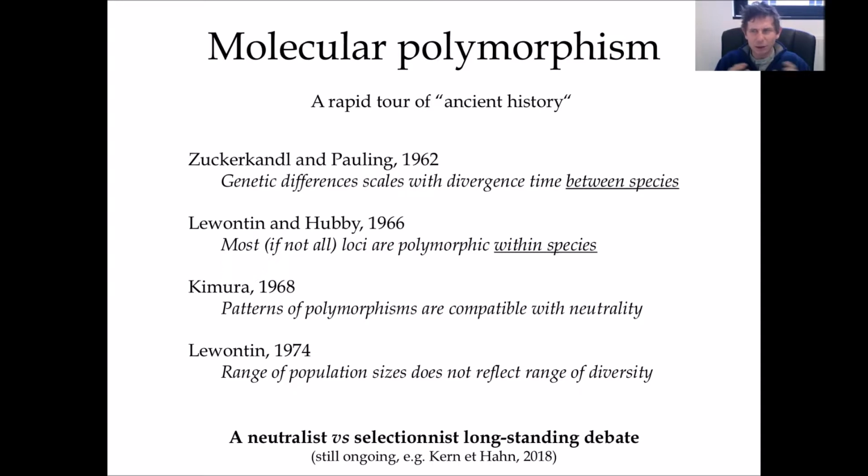That is, under the neutral theory, the diversity within the species should scale with the population size, right? And apparently, he pointed out there is no relationship between the population size of the species, the number of individuals within a species, and the diversity within a species.